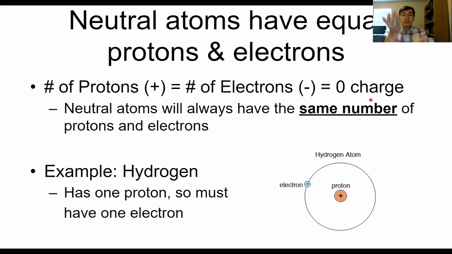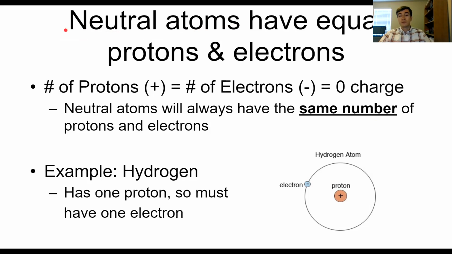We want them to be completely evenly balanced on their positive and negative charges. So neutral atoms have the same number of protons and electrons. However many protons your atom has, that's how many electrons it has. We want those positives and negatives to be completely balanced in order to have our nice neutral atom.